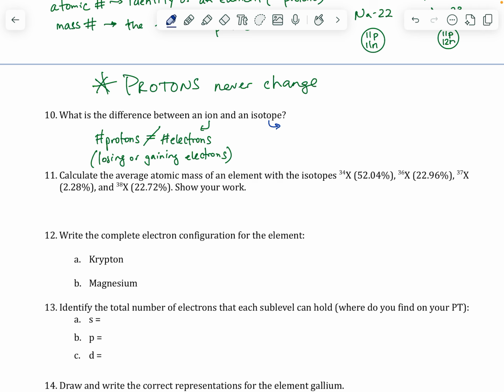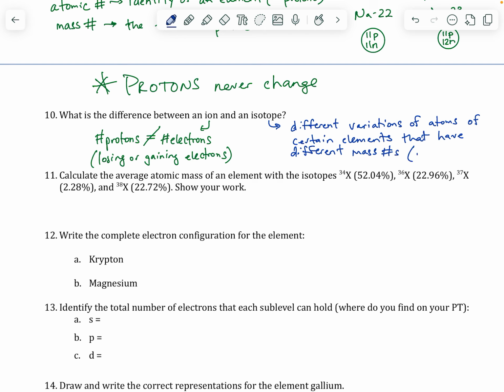And in this case, that is the mass number. So an isotope is, let's do it by a better definition there, different variations of atoms of certain elements that have different mass numbers, right?